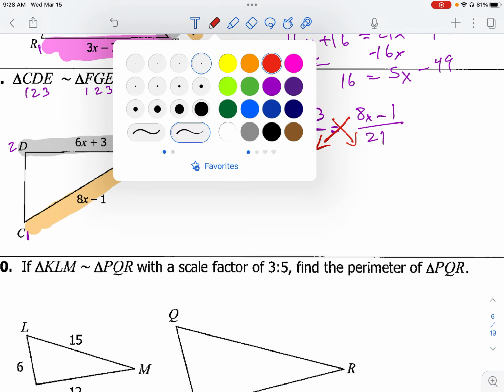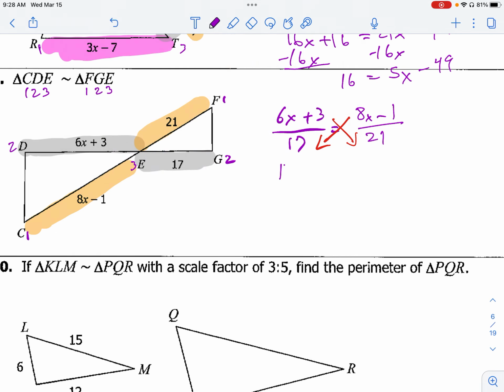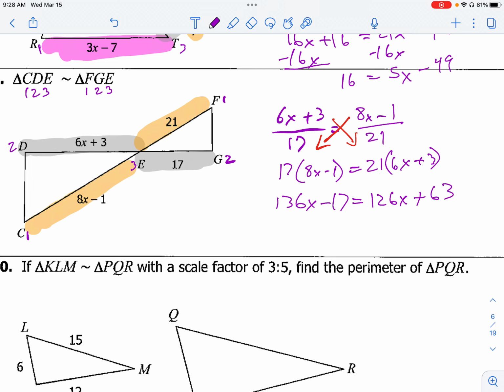And we're going to cross multiply. So we get 17 times 8x minus 1 and 21 times 6x plus 3. So 17 times 8 is 136x minus 17 equals 21 times 6, which is 126x, and 21 times 3 is 63.